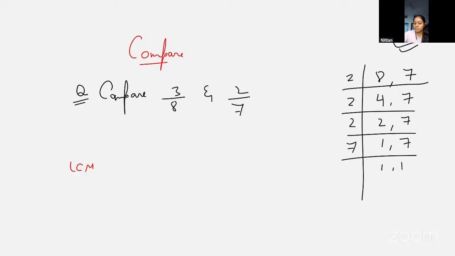So you can just multiply it: 2 into 2 into 2 into 7. What you will get is 56. So now the base is 56. In the table of 8, how many times does 56 come?